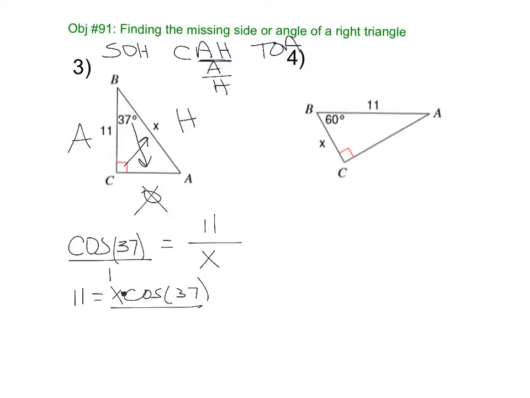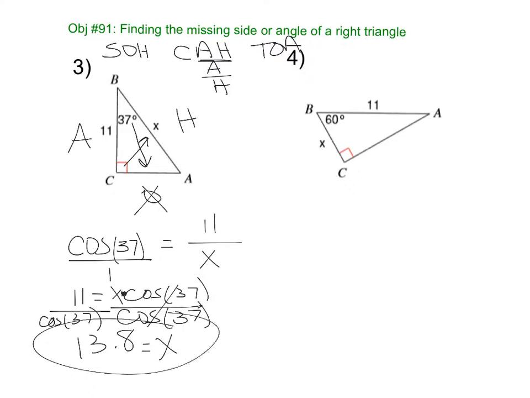The opposite of multiply is divide. So divide by cosine of 37. X equals 11 divided by cosine of 37. In the calculator, I got 13.8. Not degrees, though, because these are sides, not angles.